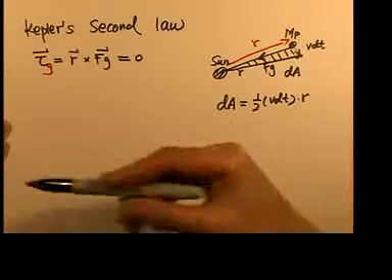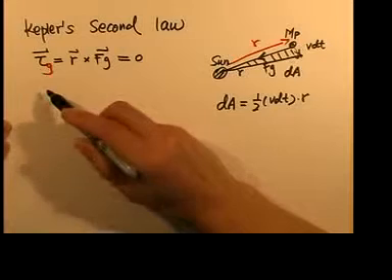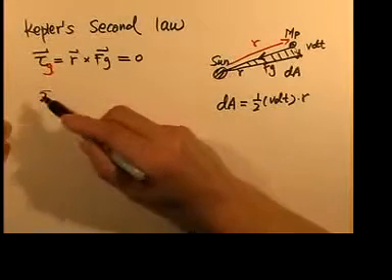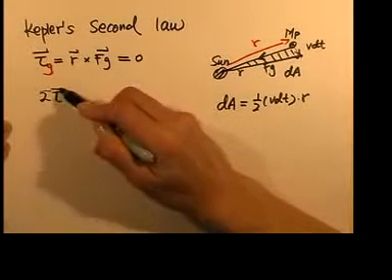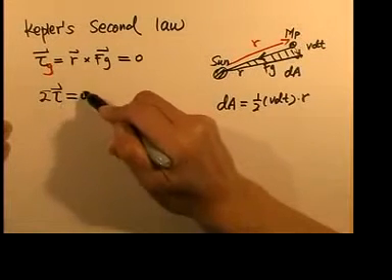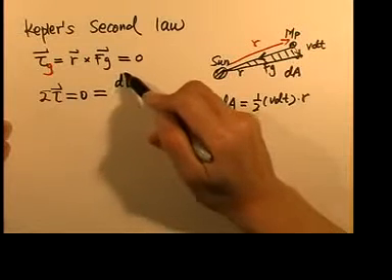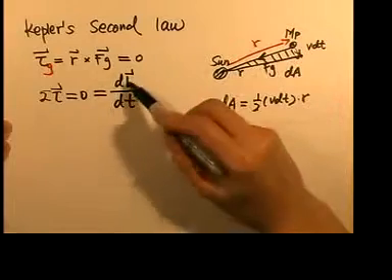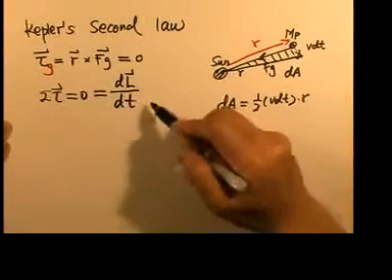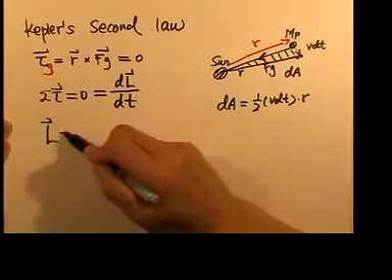We learned from the previous chapter that when a torque equals 0, and since this is the only torque on the planet, then sigma torque also equals 0. On the other hand, sigma torque equals dL over dt, the rate of change of angular momentum. When the rate of change of angular momentum equals 0, the angular momentum is constant. L is a constant.